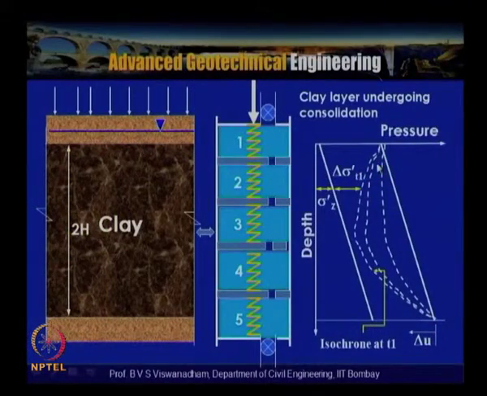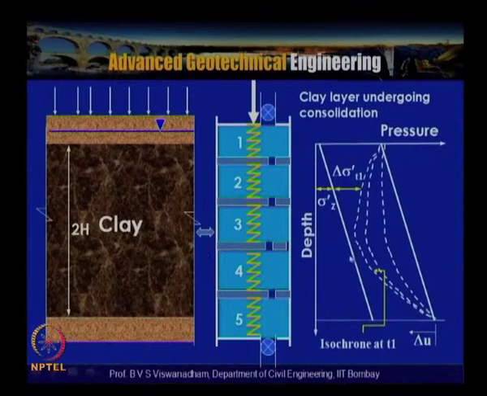But at the drainage boundary, delta u variation with delta z, the hydraulic gradient is actually infinity here. Because of this sharp hydraulic gradient, rapid flow happens at the drainage phases, and the transfer of the effective stresses becomes very rapid at the boundaries of the clay layer.